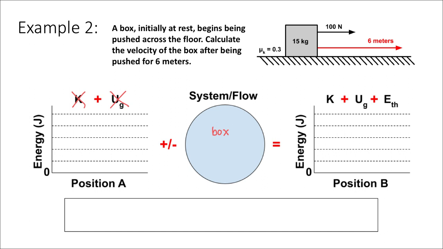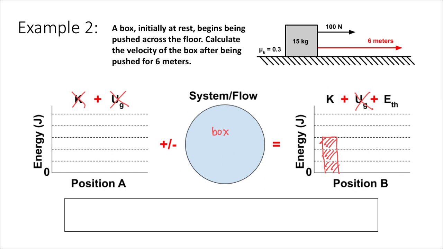I know that after the box has been pushed for 6 meters, the box now has some velocity. So it's going to have some kinetic energy. I'm just going to say that there are 3 packets or 3 chunks of kinetic energy, if you will. I'm also going to say that there's no gravitational potential energy because the box doesn't have any height change.